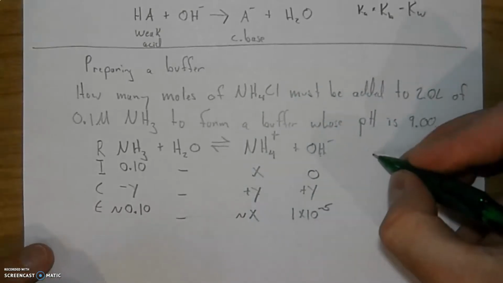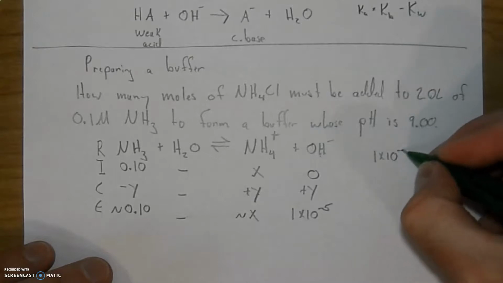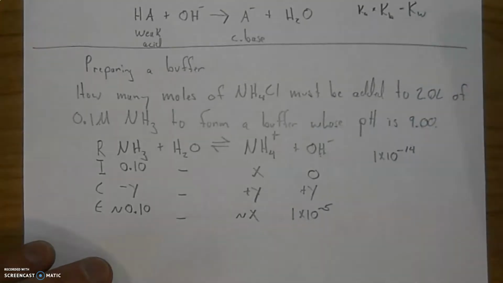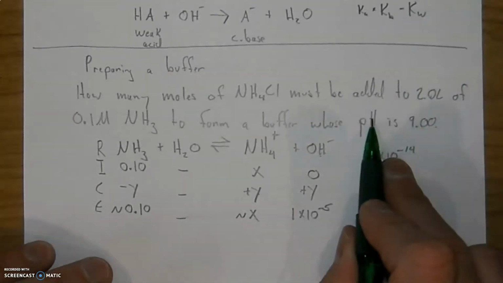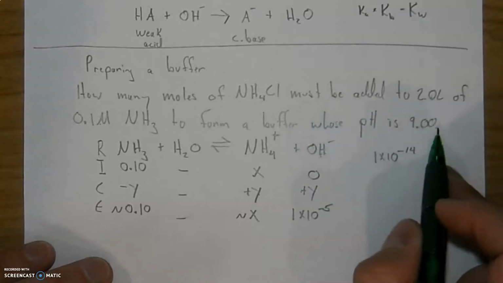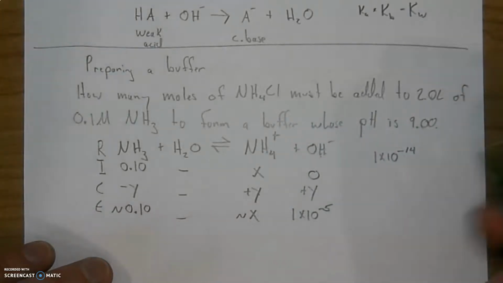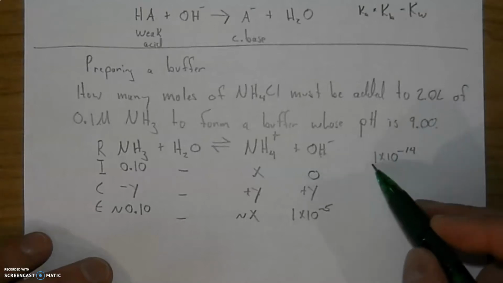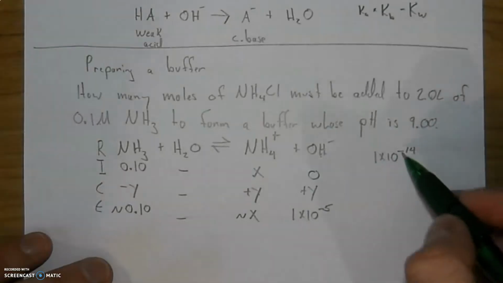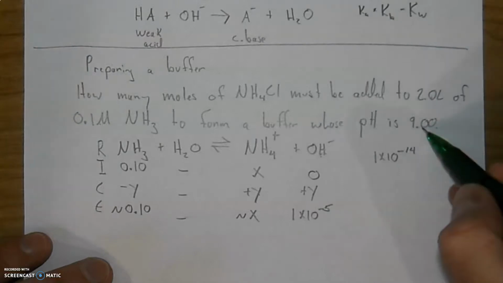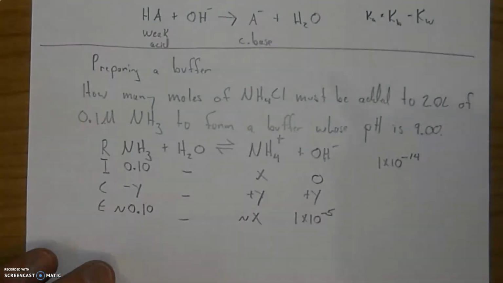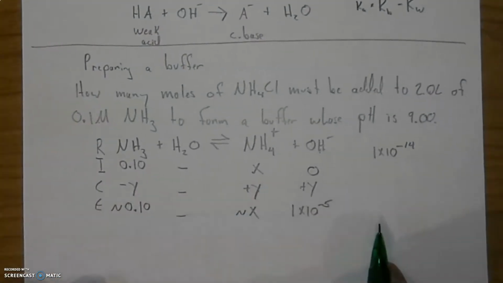The reason I get that is that 1 times 10 to the negative 14 is for water. If I know the pH, I can turn that into the hydrogen ion concentration by doing the anti-log, and then I can divide 1 times 10 to the negative 14 by 1 times 10 to the negative 9 to get this value. All right, I got something to work with here.